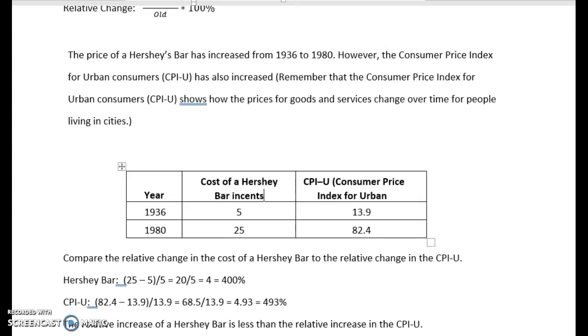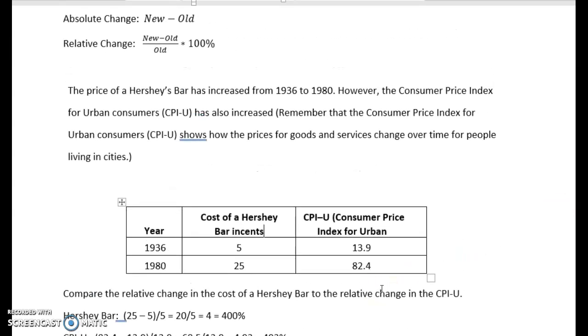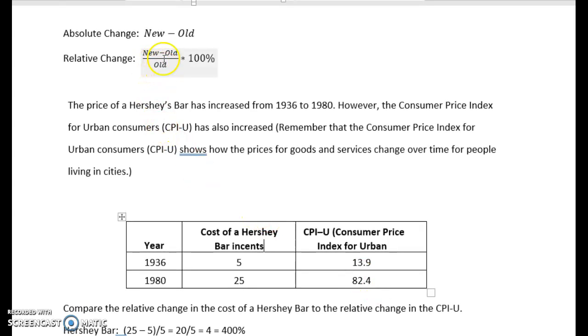What you're asked to do here is just to compare the relative change in the cost of a Hershey bar to the relative change in the CPIU. So remember, relative change, we're taking the new minus old, dividing it by the old, and then writing that as a percent. So we're going to do that for the Hershey bar and for the CPI, and then we'll make a comparison to see which one is larger.